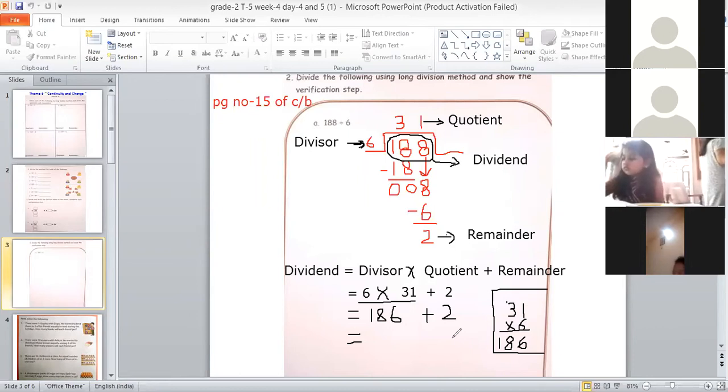Shrivas, 186 plus 2 is how much? Start counting after 186 and count forward 2. Tell me how much?